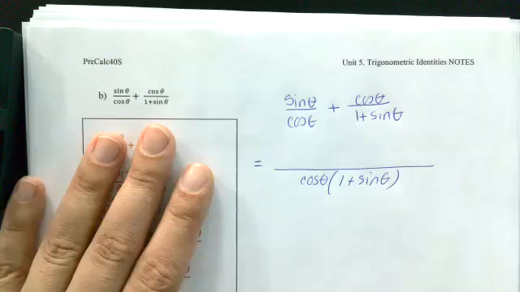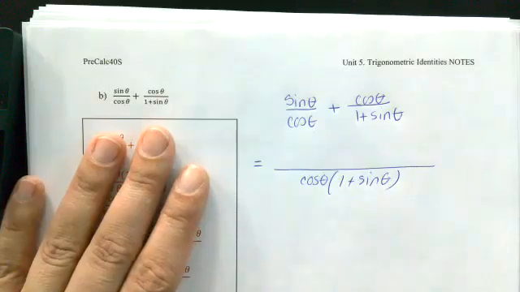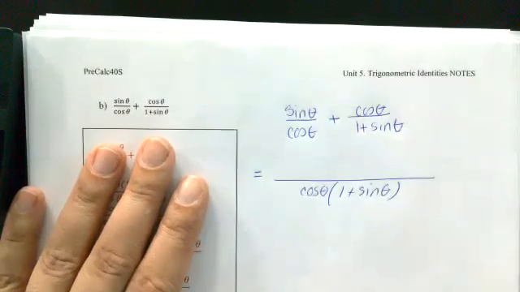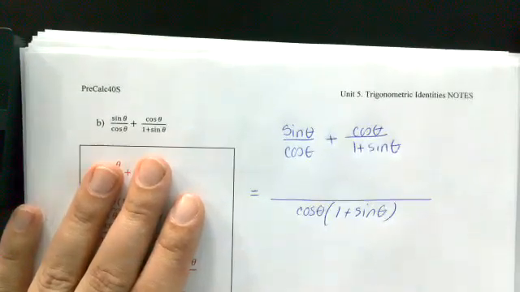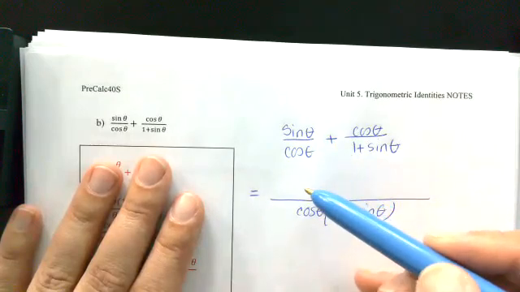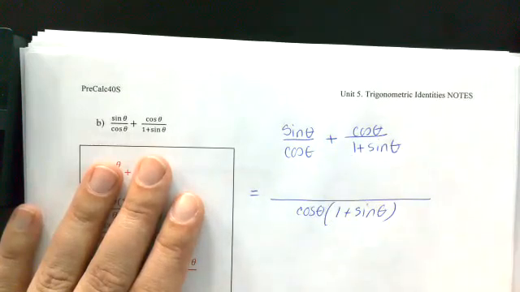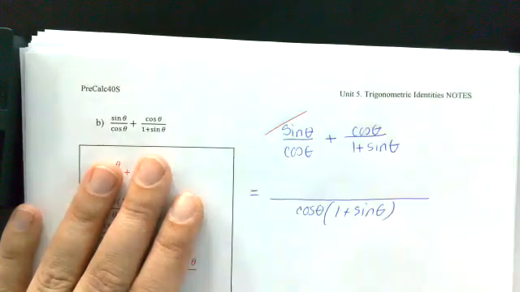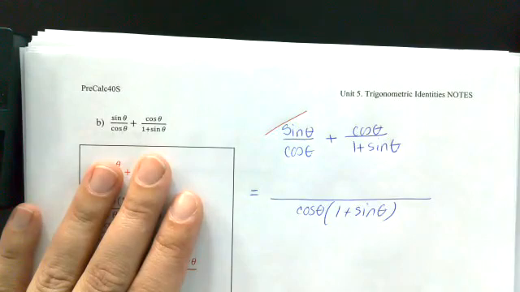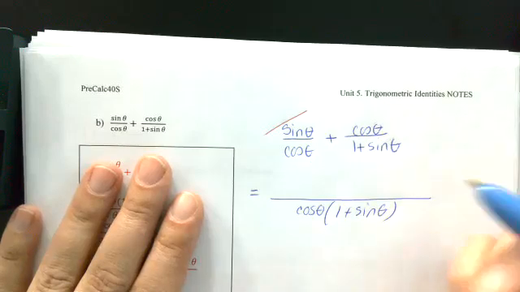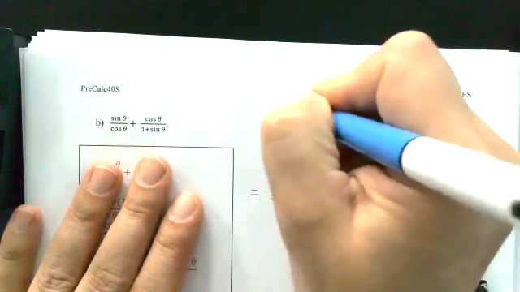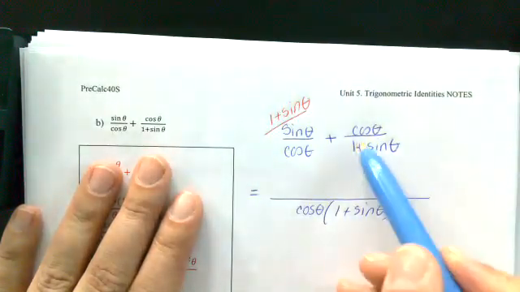So that means their common denominator is just the multiplication between the two. So cosine of theta times 1 plus sine of theta, that's the common denominator. Now you gotta be careful once you get your common denominator to see what you have to multiply the numerators of the previous fractions by to create those equivalent fractions. So what do we have to multiply sine by? 1 plus sine of theta.